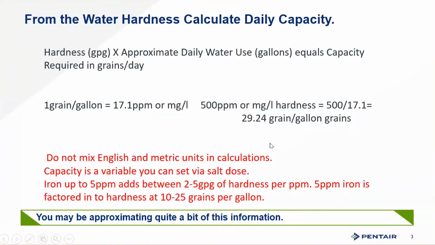Here's the first caveat. Capacity is variable. You can set capacity via salt dosage. The theoretical amount a resin can exchange is not the same as real world application. A resin per cubic foot typically can do up to 38 to 40,000 grains per gallon in a laboratory setting.